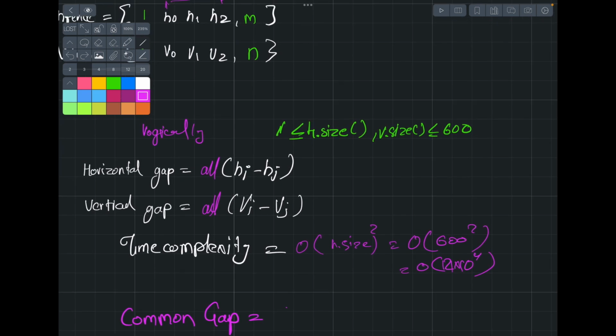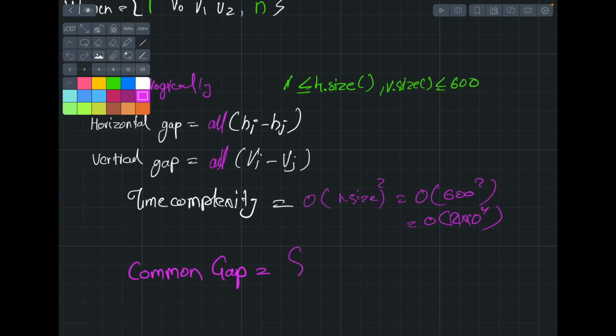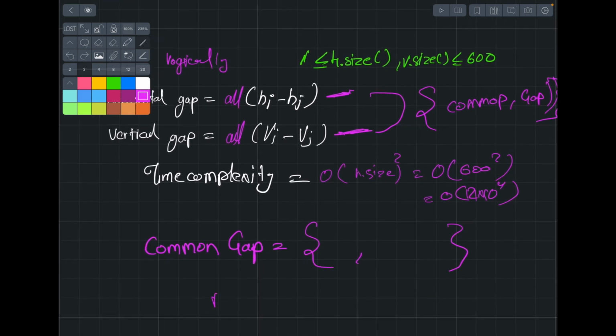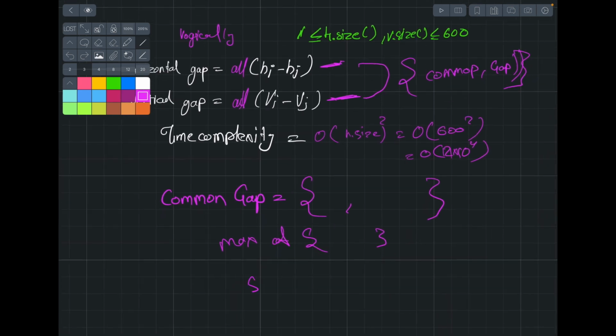Whatever the common gaps are, those will be our answers: common gaps in horizontal and common gaps in vertical. These both will have some common gaps. The maximum of these common gaps will be the side of the square.